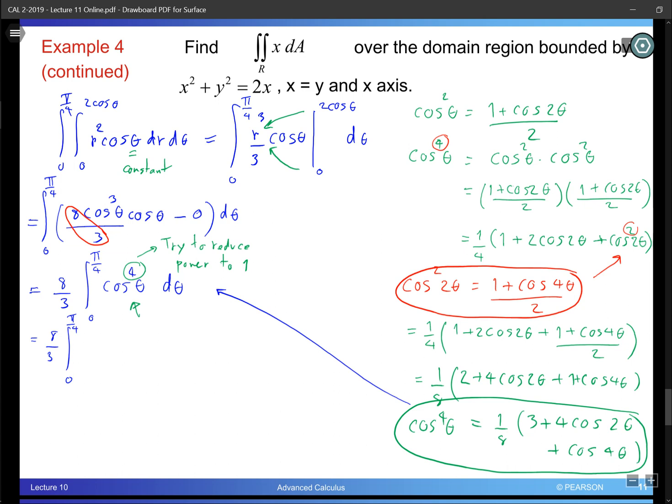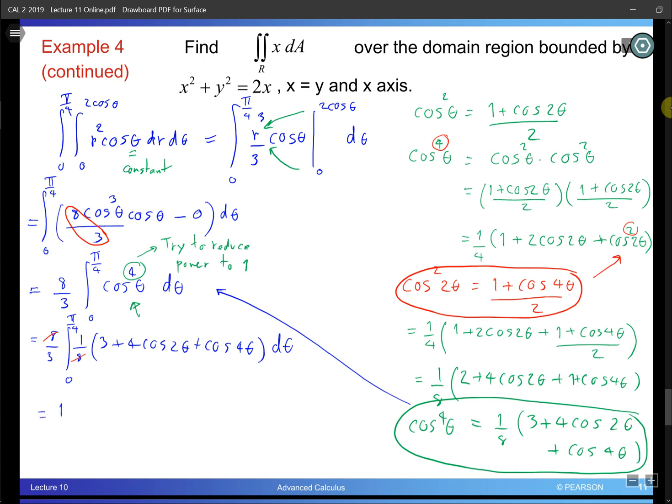Alright, so we have 1 over 8, 3 plus 4 cosine 2 theta plus cosine 4 theta. Right, integrate this with respect to theta. It seems we can cancel this. Okay, let's continue with this.